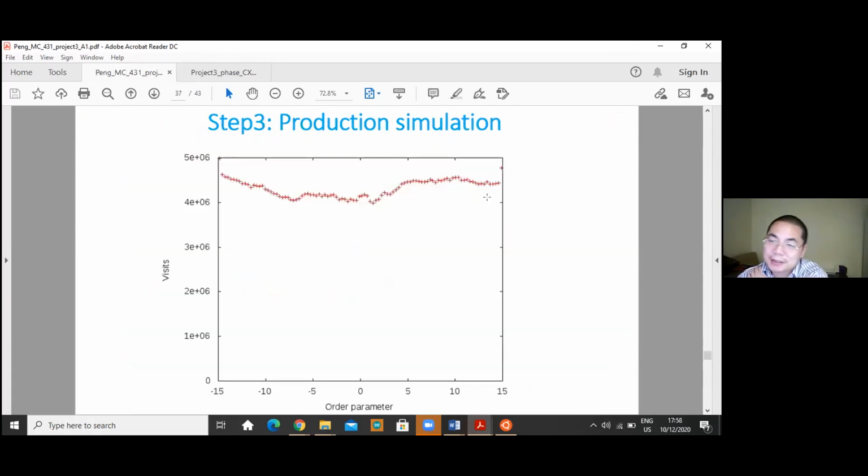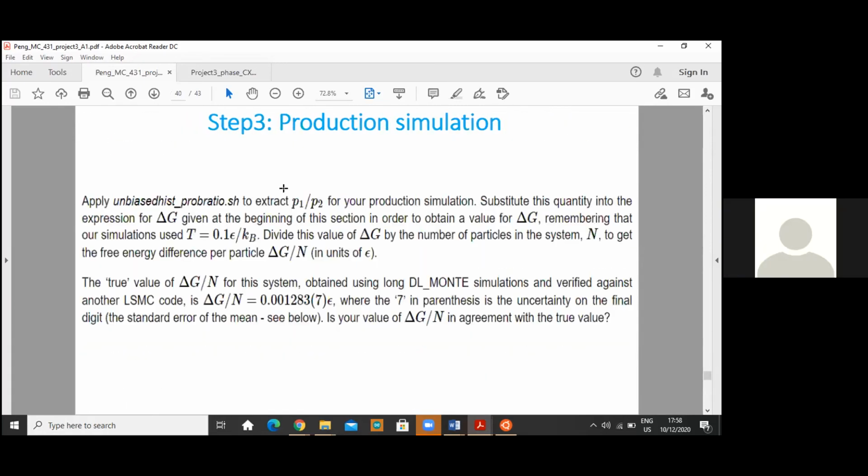Because I have substituted 0.2, what you need to do is just plug in minus 0.1 times log P1 over P2. It's 0.2 in my situation. Yeah, it's fine. Okay, and I will get the result.